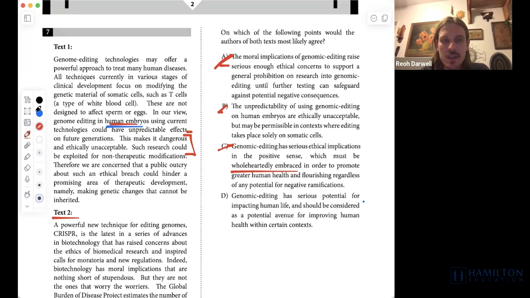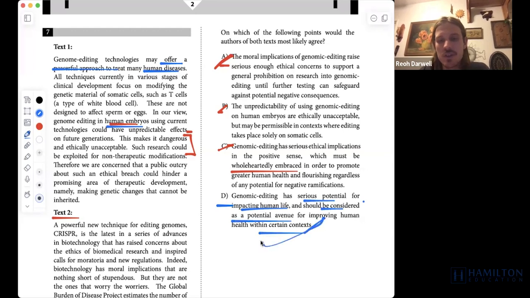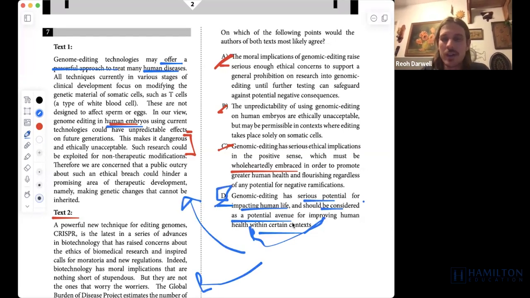We already talked about A, B, and A and B. So D, yes, they say that they both offer the opportunity to treat human life, and they should be considered, but only within certain contexts, right? Down here, it's all context pretty much, but up here, making sure that it's not with embryos. That's what leads us to D, our correct answer.